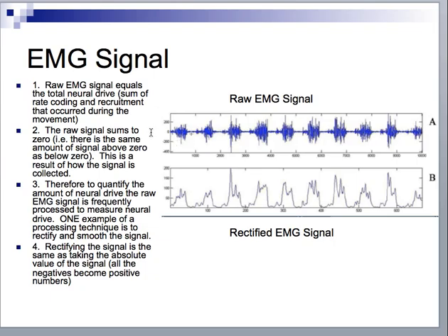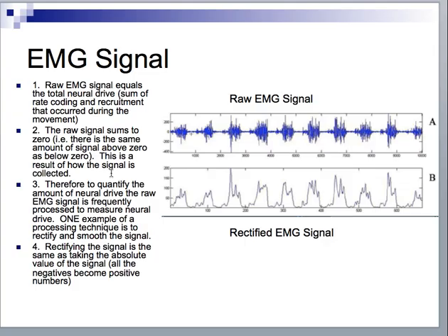and that total amount of activity is captured here in this number 1 point. It says raw EMG signals equals the total neural drive, which is the sum of the rate coding and recruitment that occurred during the movement. So it's the total number of depolarizations that are necessary to either rate code a single muscle fiber or rate code and recruit other muscle fibers as well.